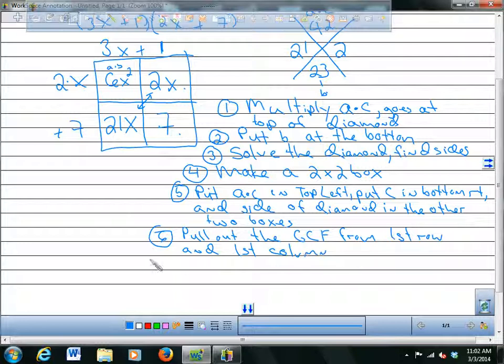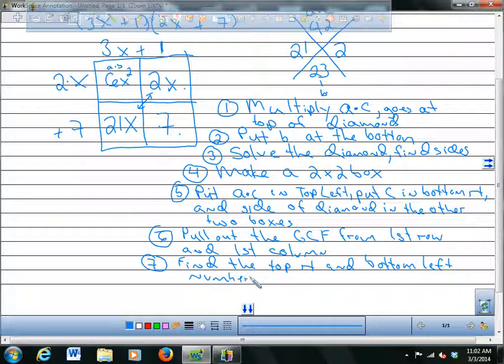And lastly is find the other two factors, the top right and bottom left numbers.